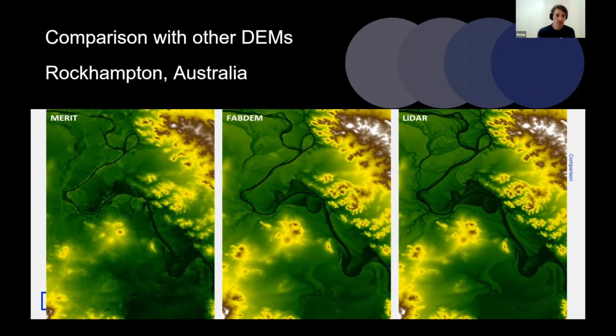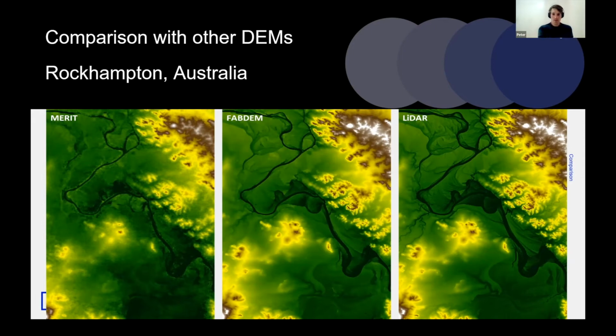So here's a comparison around Rockhampton, Australia, comparing Merit on the left, which you can see looks grainy in areas with a bit of noise and that sort of thing. And in the middle, you see FabDEM shows much clearer parts of the floodplain, flow paths where there are the sections of the different river channels flowing through.